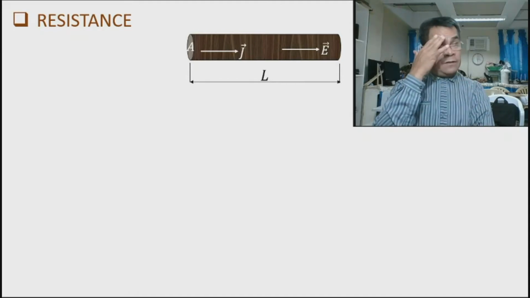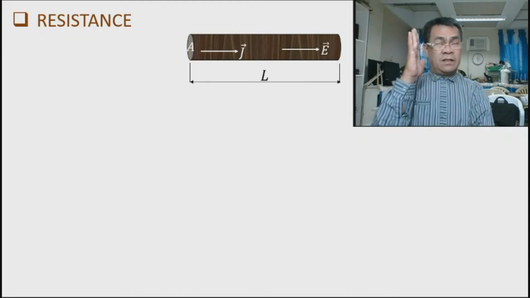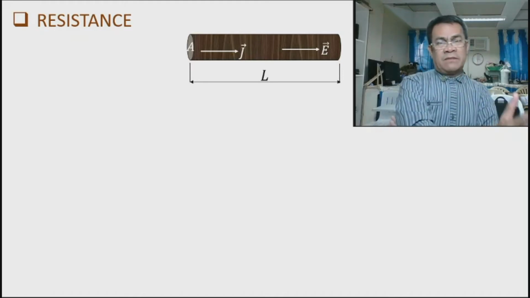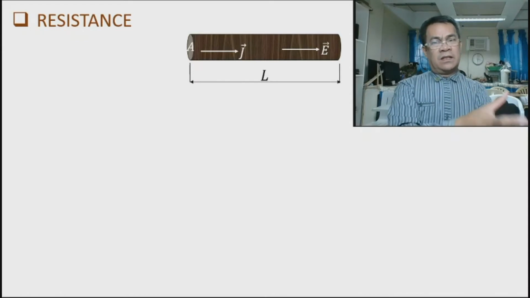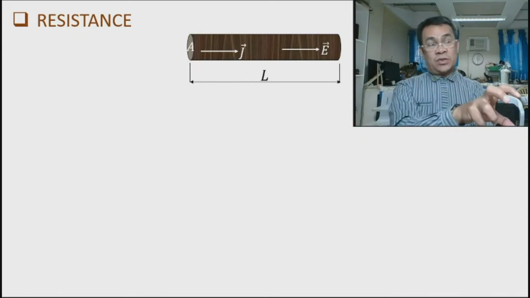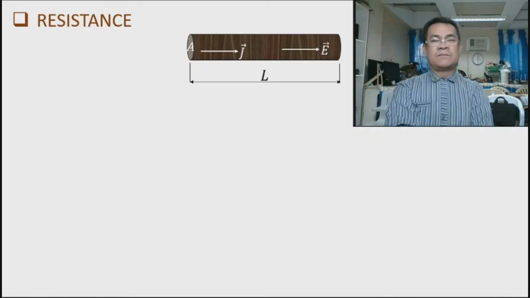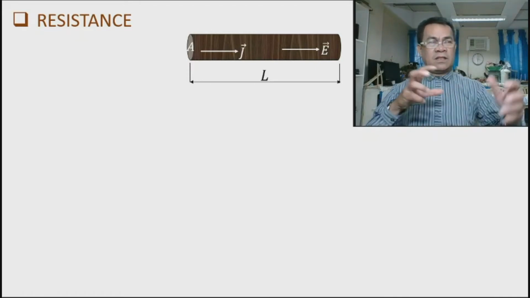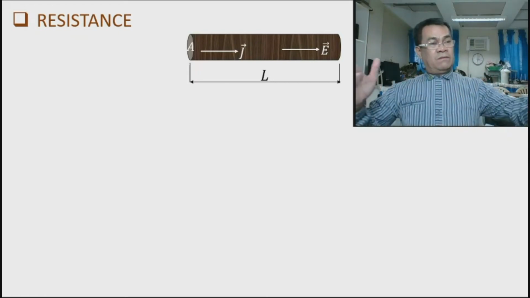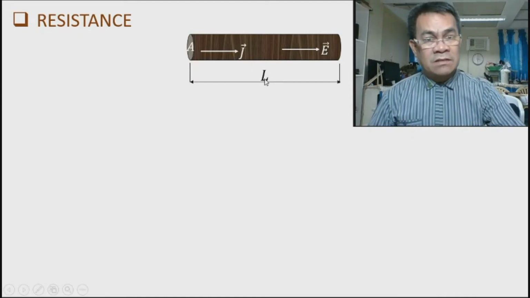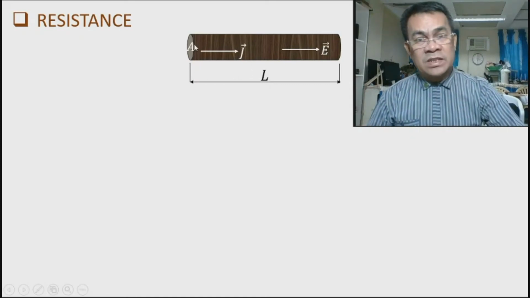Resistivity is just a property of the material, but resistance measures the amount of resisting force. It is directly proportional: the greater the resistivity, the greater the resistance. But take note, it varies with length and it varies with area.